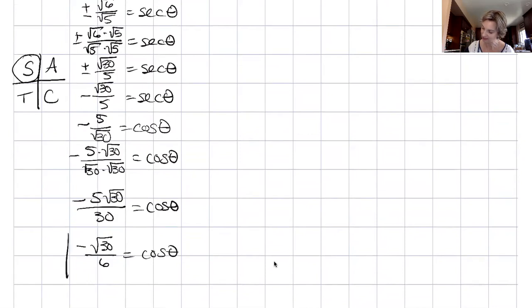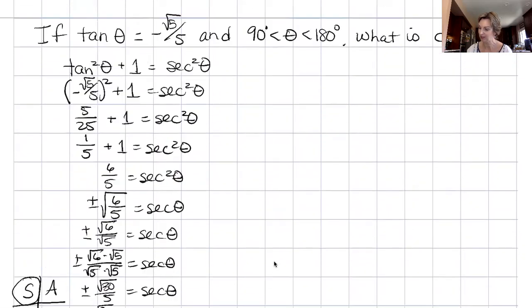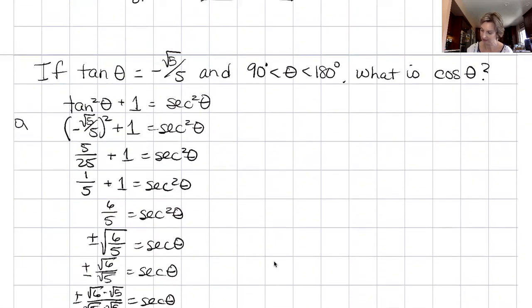That is a lot of steps, but we got there. Negative square root of 30 over 6. All right. So we use the Pythagorean identity, right? And then we use a reciprocal identity to get to the final answer. So that was option 1.